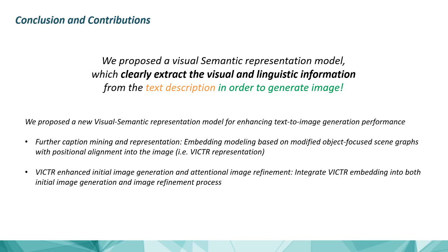So, further caption mining and representation embedding model based on the modified object-focused scene graph with the positional alignment into the image, and VICTR enhanced the initial image generation and attentional image refinement by integrating the VICTR embedding into both the initial image generation and image refinement process.